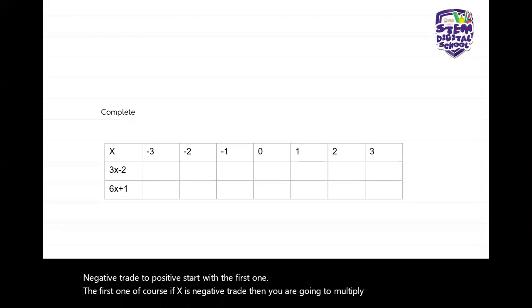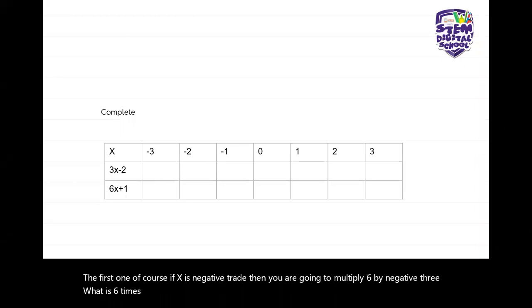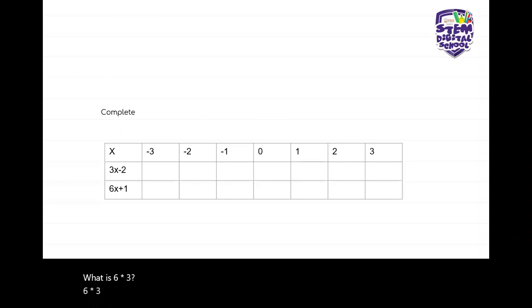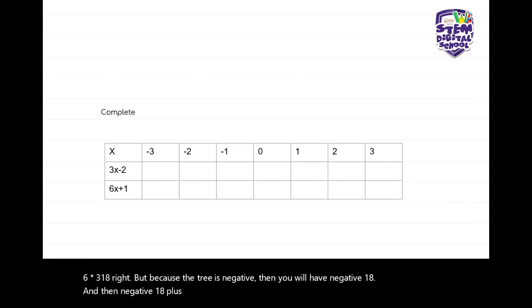What is 6 times 3? 6 times 3 is 18, all right. But because the 3 is negative, then you will have -18. And then -18 plus 1 gives you -17.